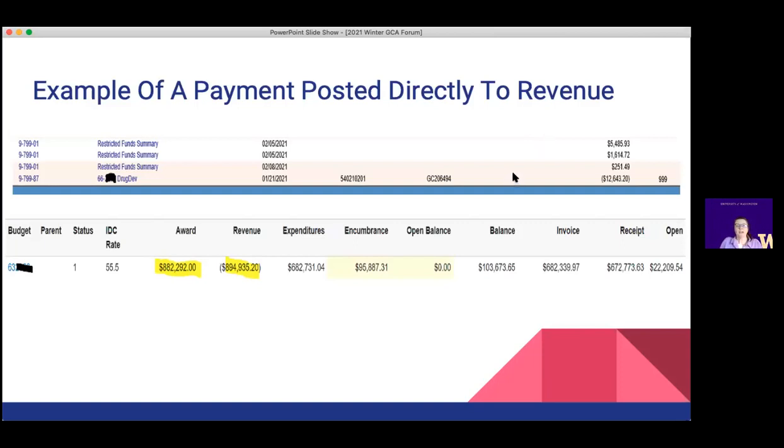And the impact of having that applied there is you can see right below that, I did a screenshot from Grant Tracker, and the award says $882,292, which is what we were given, but the revenue part is increased, and so these two don't balance. And the difference is exactly the $12,643.20. So that's just an example. Sometimes if you see that, let us know. We can help get that fixed.